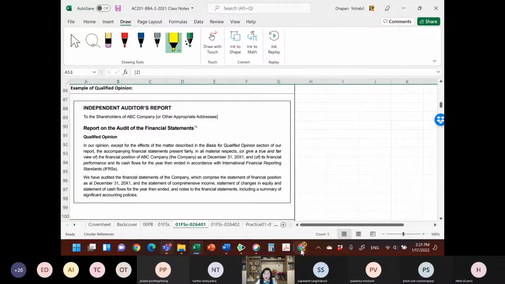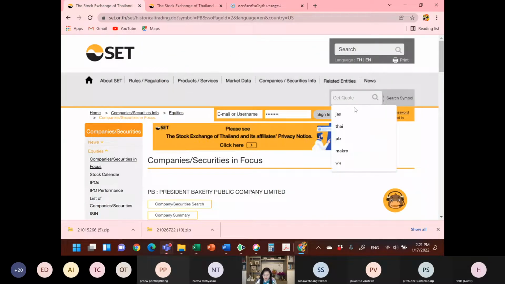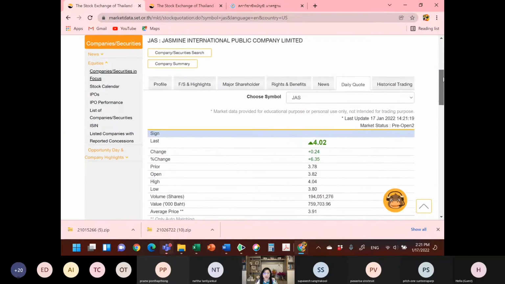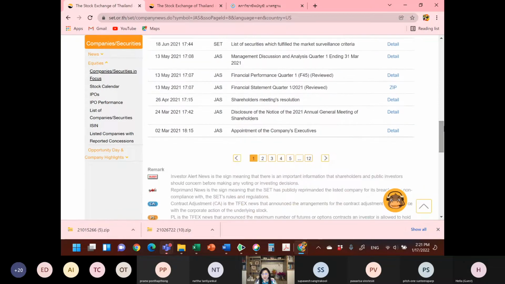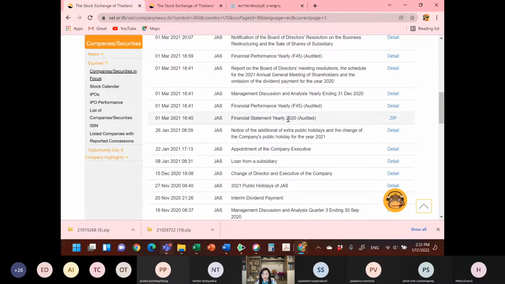Okay, so over here, if you go to the Stock Exchange of Thailand website and then go to JAS, you will see Jasmine International. If you go to Jasmine and look for the news, you can look for the financial statements at the end of the year 2020, and then you download that.